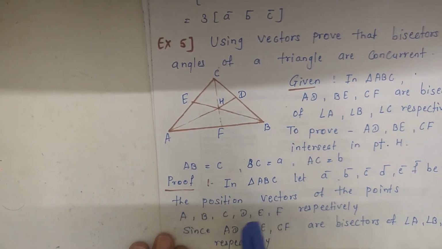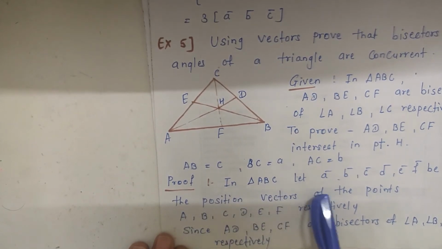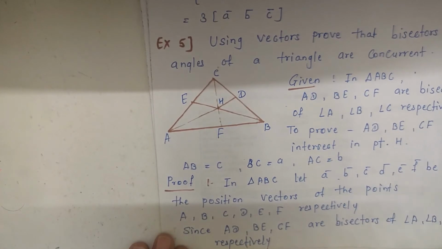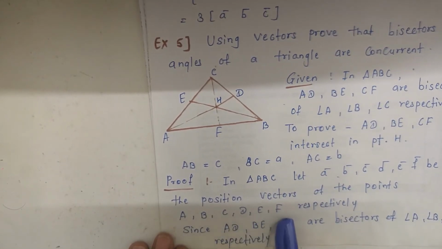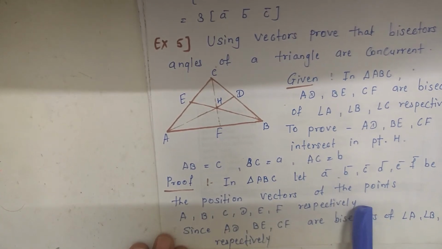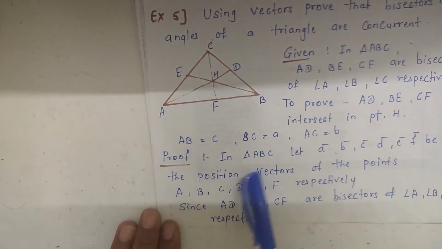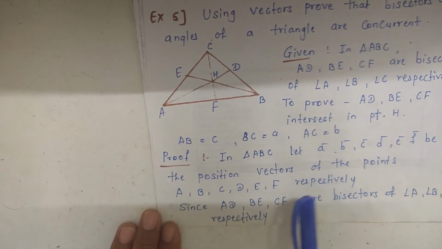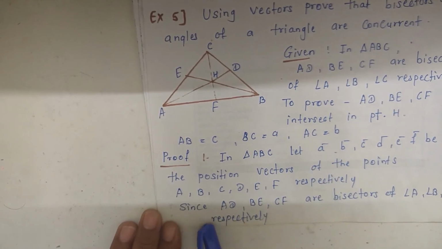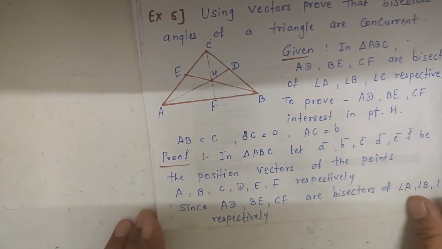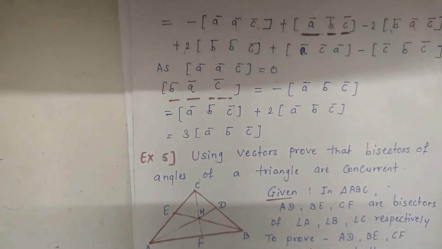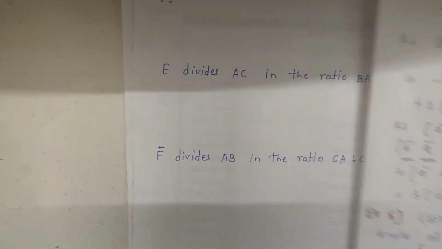So let, in triangle ABC, a bar, b bar, c bar, d bar, e bar, f bar be the position vectors of points A, B, C, D, E and F respectively. So write here position vectors of each point in triangle ABC. Then, since AD, BE, CF are bisectors of angles A, B, C respectively, write here angle bisectors of angles.